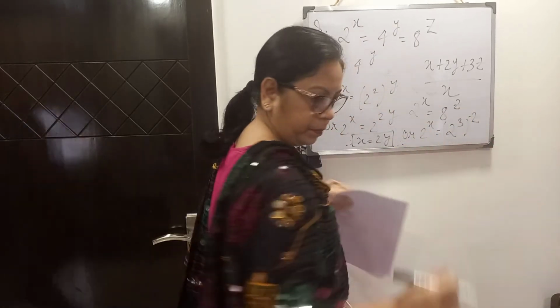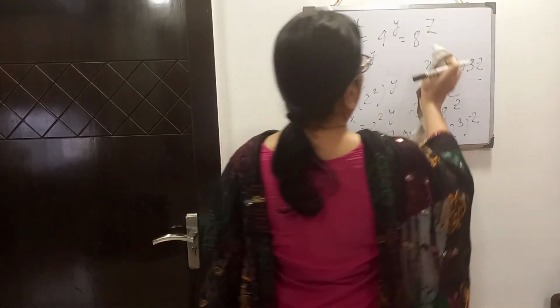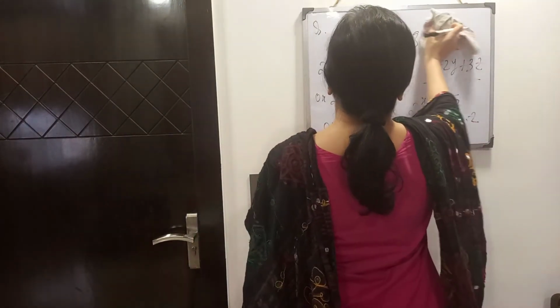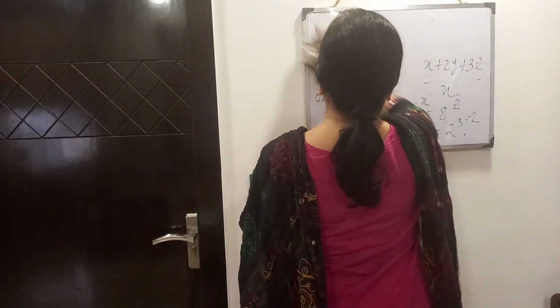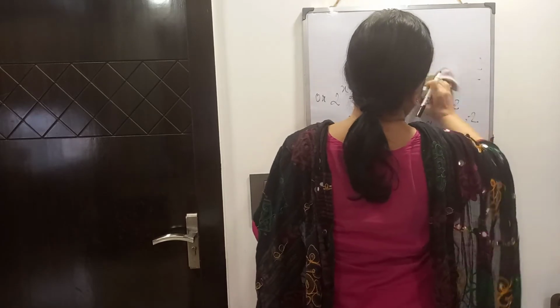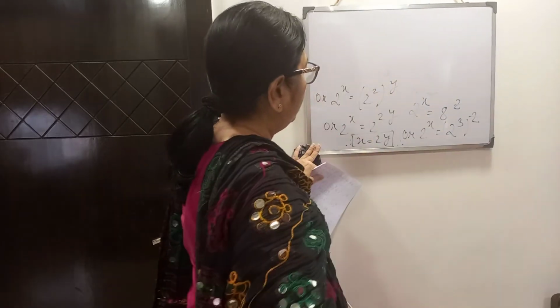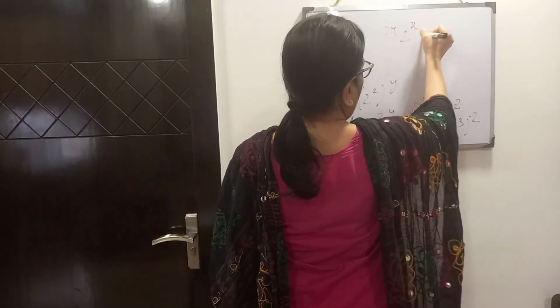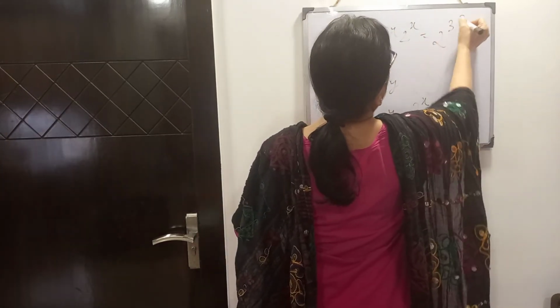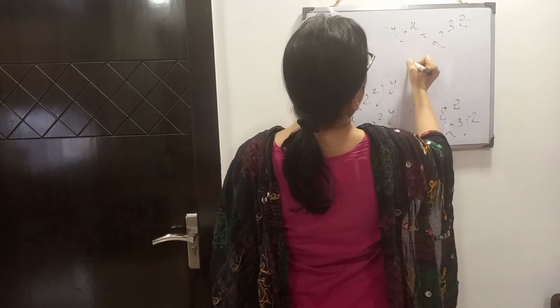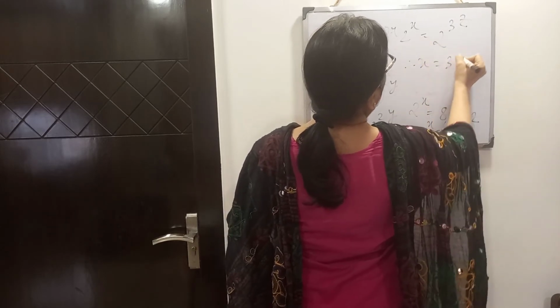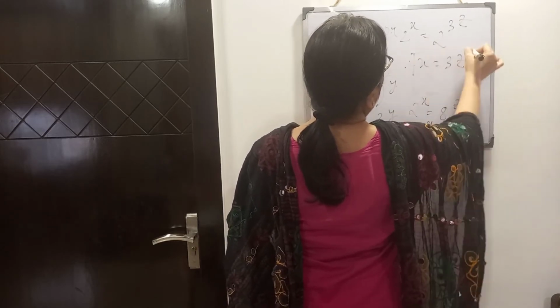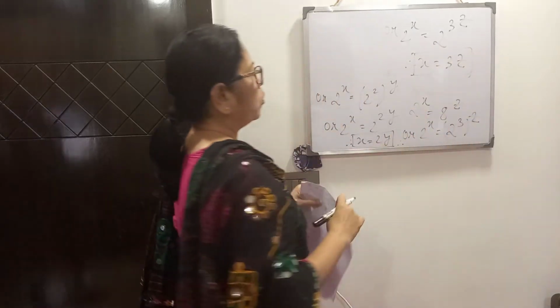Therefore, 2 to the power x, 2 to the power 3z. Base same, therefore x equals 3z. Another box. Keep it in another box.